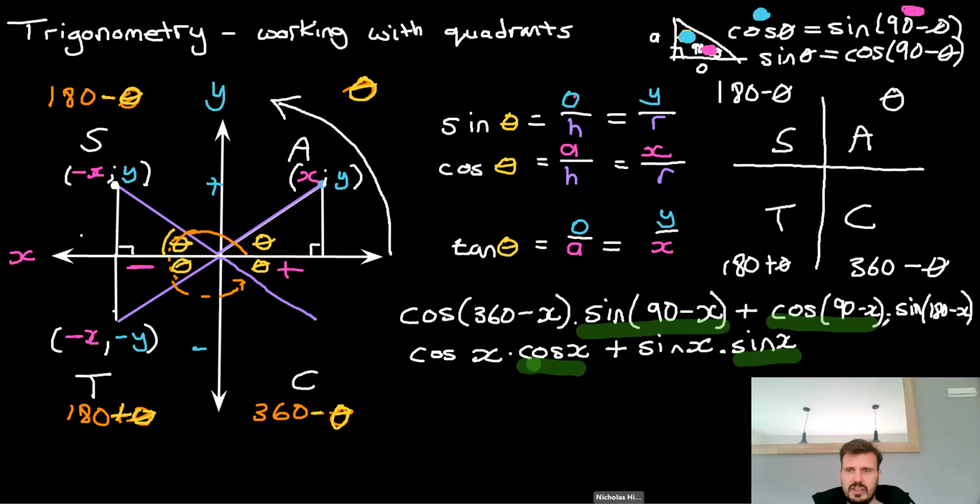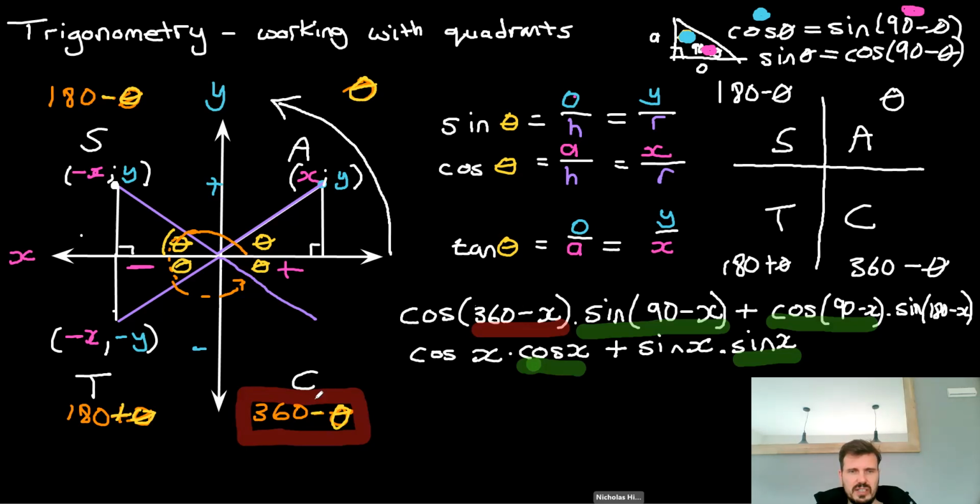Then these two are the ones we use a quadrant with. So let's look at the first one. Here we look at the 360 minus x, and we ask which quadrant it is. The 360 minus tells us that we can put just x in, but this thing tells us what the sign must be.